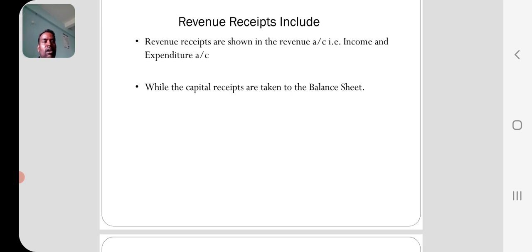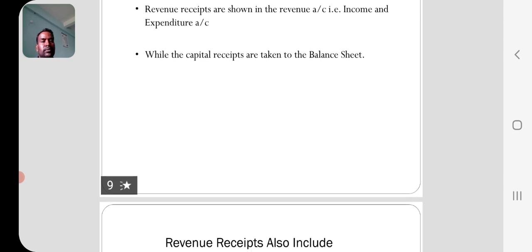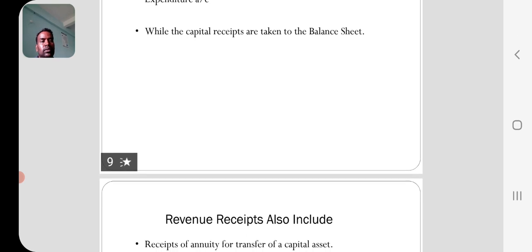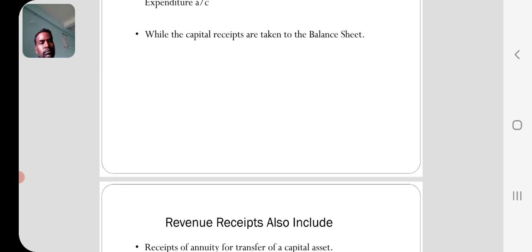Revenue receipts are recorded or shown in the income and expenditure account, whereas capital receipts are recorded or shown in the balance sheet.